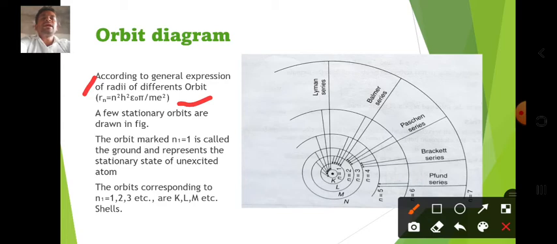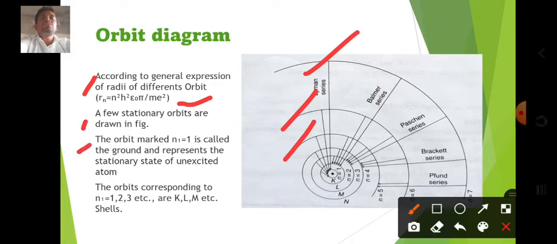So the radius r_n is equal to n squared h squared epsilon naught pi by m e squared, right? Next, a few stationary orbits are drawn. Stationary orbit means the orbit which contains fixed, constant energy. So those orbits are called stationary orbits, right?